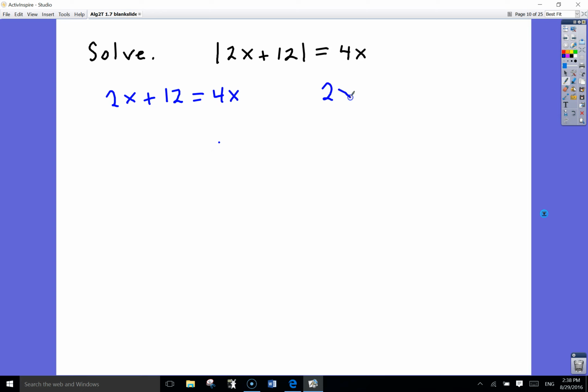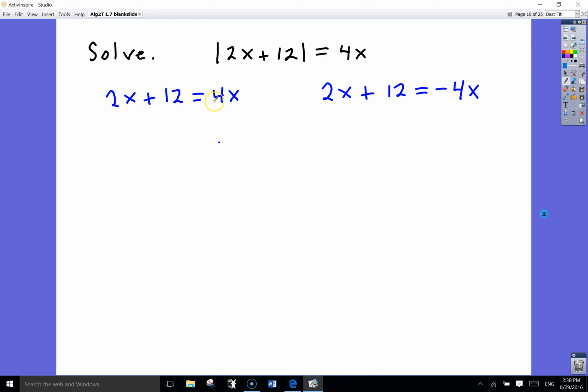Now I have to say 2x plus 12 equals the opposite of 4x. Right? It's not necessarily negative, because what if x is negative? Then it's positive. But you're still taking whatever's inside the absolute value equals the right-hand side and the opposite of the right-hand side. Now solve both of these equations.